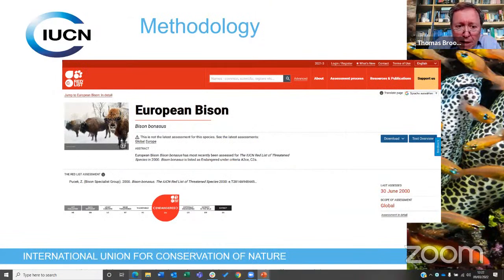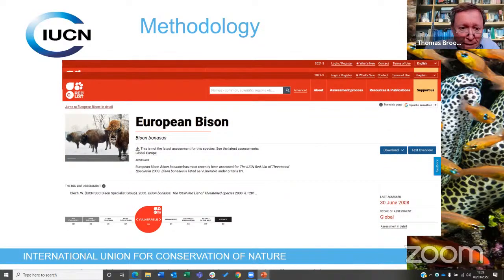The Red List Index methodology is based on tracking genuine changes in the number of species in each category of quantitatively determined extinction risk on the IUCN Red List of Threatened Species, expressed as changes in an index ranging from 0, where all species are assessed as extinct, up to 1, where all species in the group in question are assessed as least concern. So for example, consider the European bison, which in 2000 was assessed as endangered on the Red List.